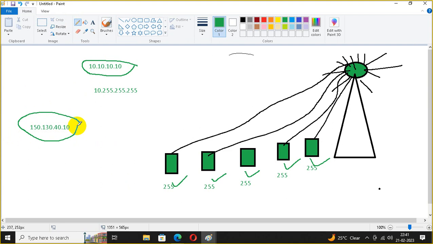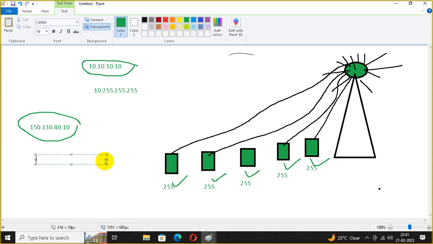Class B. What is the structure of class B? 2 network, 2 host. So what will be the broadcast address? 150.130.255.255. Very good.